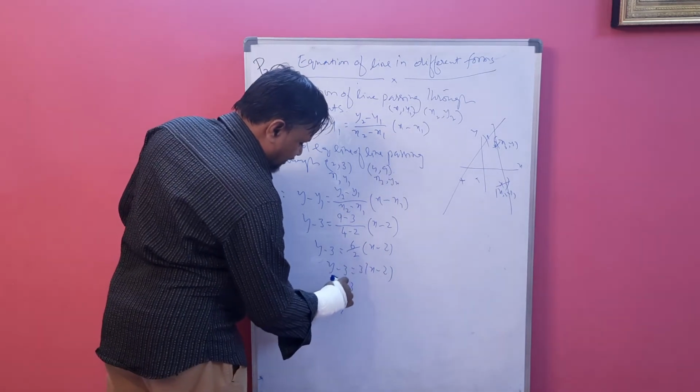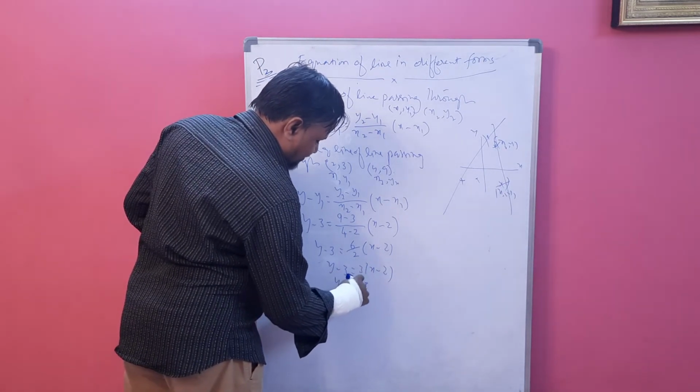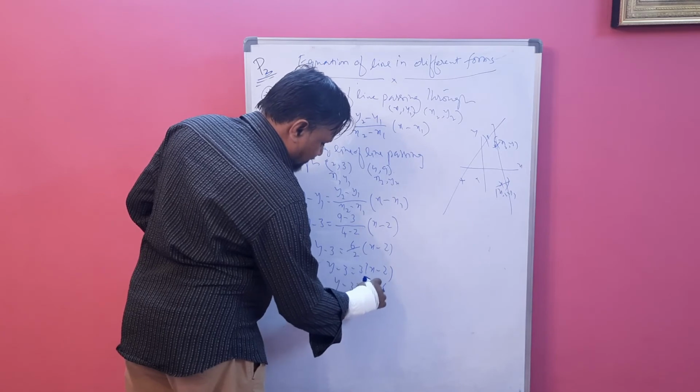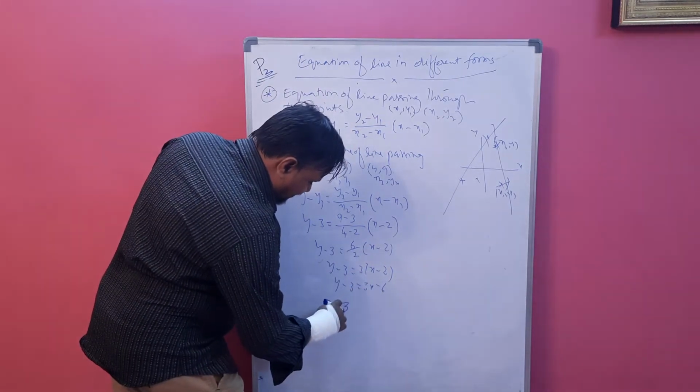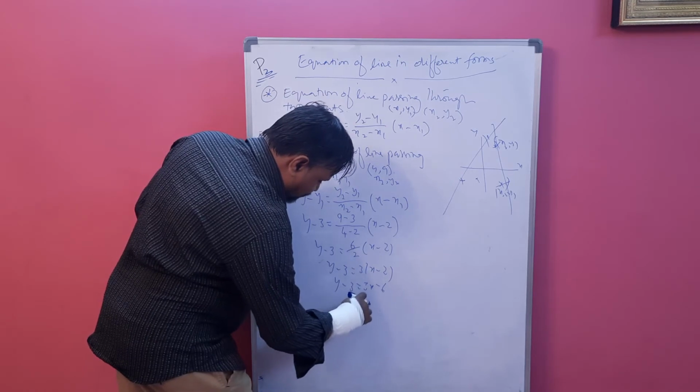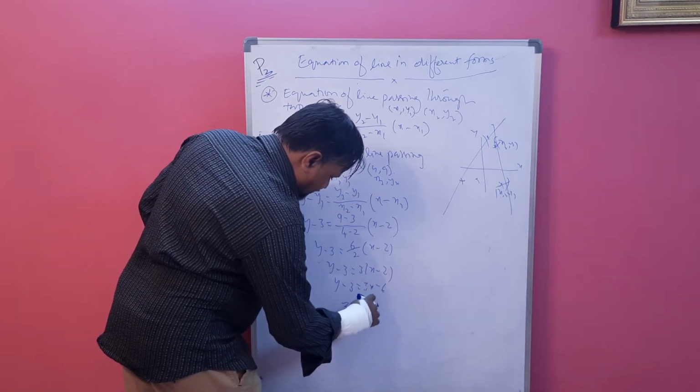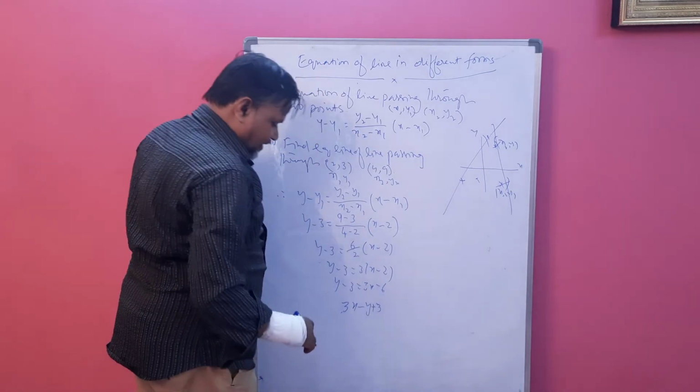Multiply: y minus 3 equal to 3x minus 6. If you simplify it, move this number to that side: 3x minus y minus 6 plus 3.